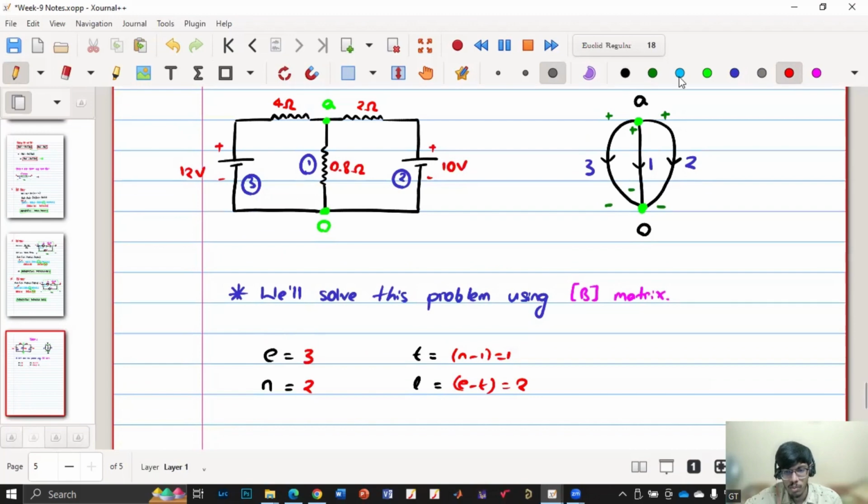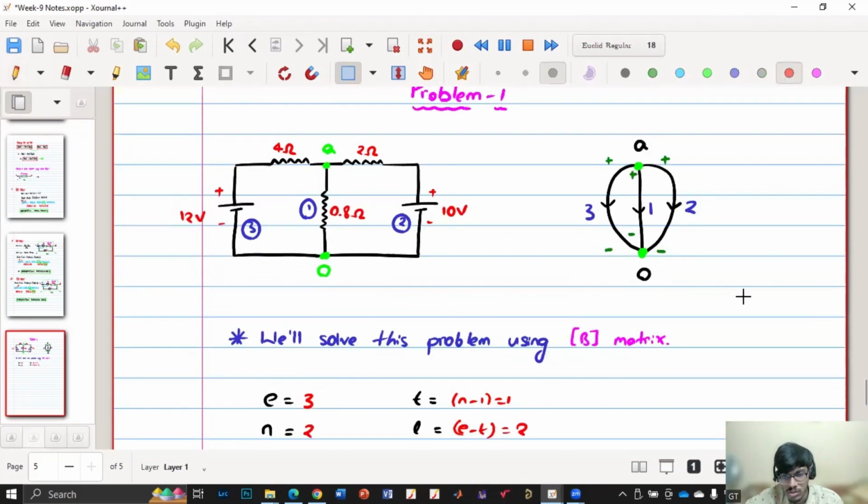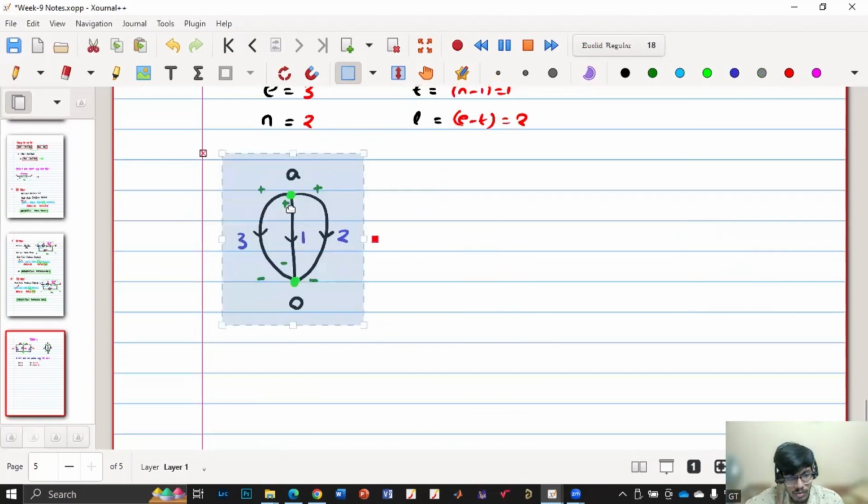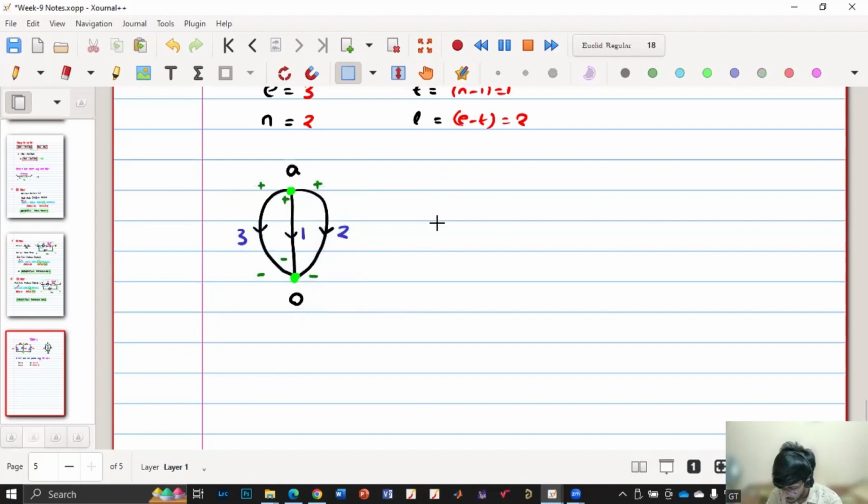So first let me copy paste this. So we'll use this same. I'll put it here. Okay. So this is my tree. Now how many fundamental loops are possible?